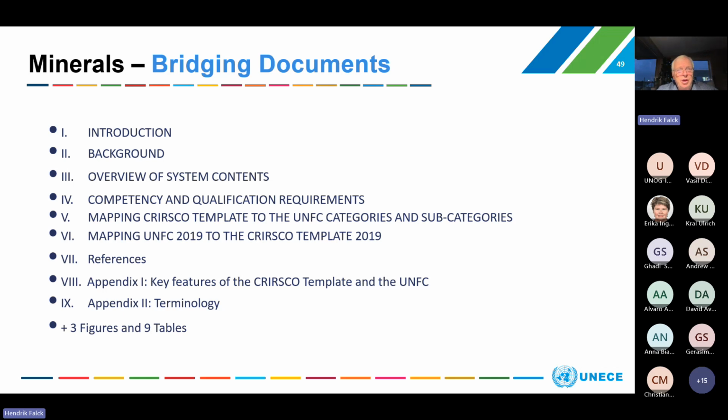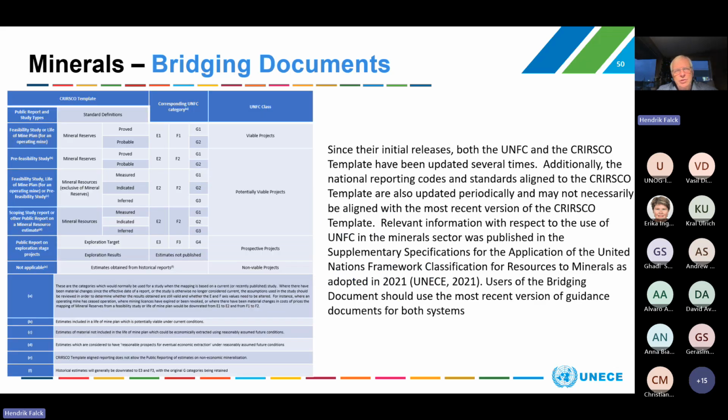So in the bridging documents, just going through some of the actual headers and chapters there, you can read it through. It's written in fairly plain English, so it's not a complex document, and it provides a variety of different topics if you're specifically interested in one aspect of how you relate your classifications together. It allows you to look in much greater detail than just the generic classification system that is in the 2019.